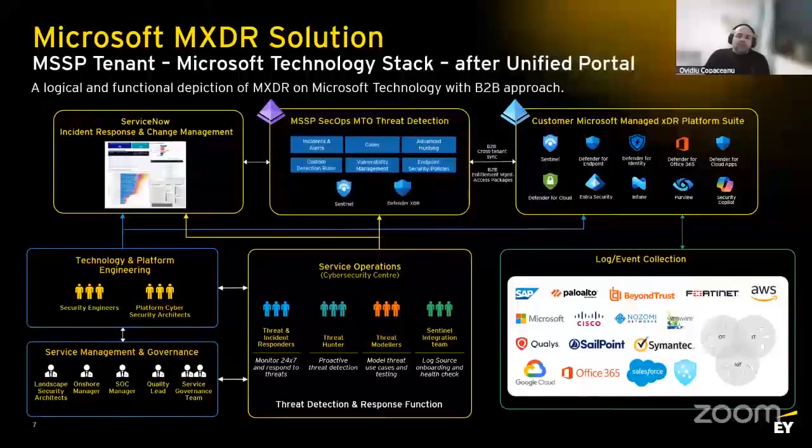Now, our second flavor of architecture is after the unified portal. So after we bring Sentinel into the unified portal, and now in public preview Defender for Cloud is also brought into the XDR portal. So you can see a small button there called Cloud Infrastructure. And I think Microsoft will also evolve this and include more options.